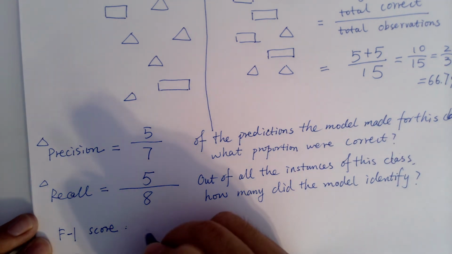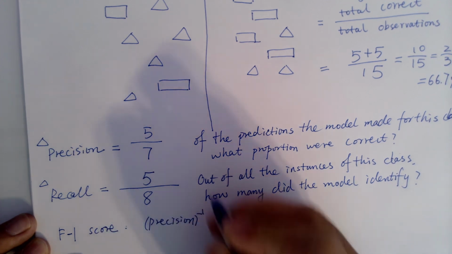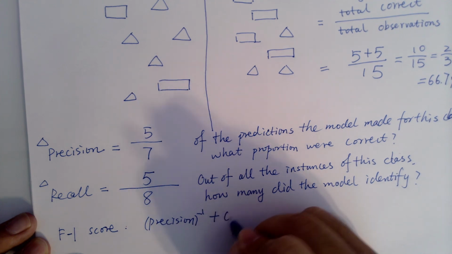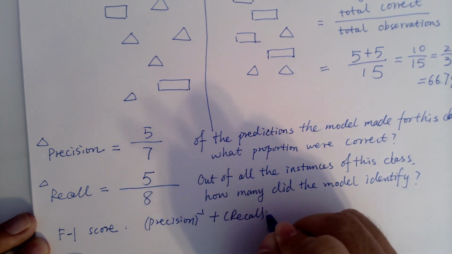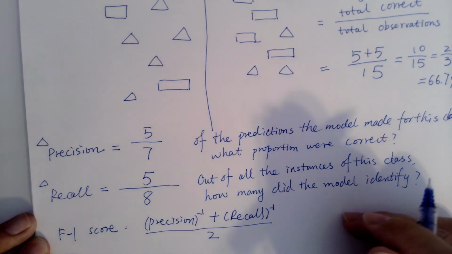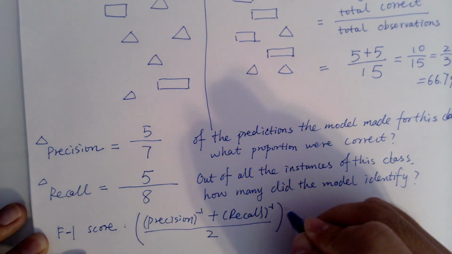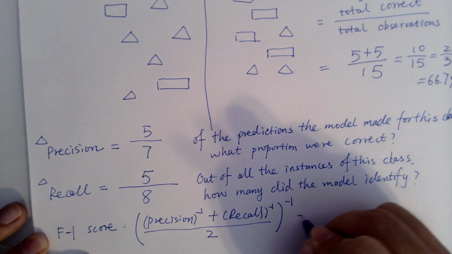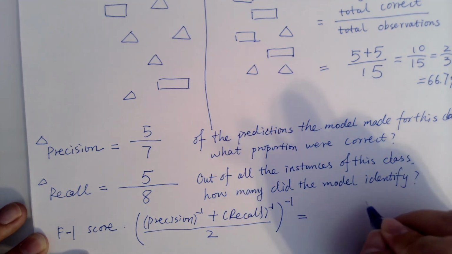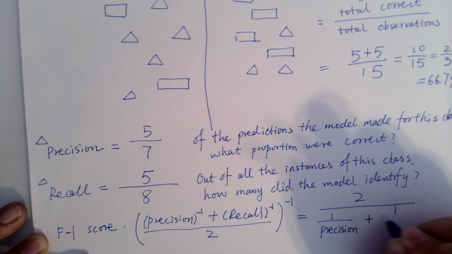So that is the reciprocal of the precision plus the reciprocal of the recall, then the arithmetic mean, and then the reciprocal. Simply written, it gives us 2 over 1 over the precision plus 1 over the recall.